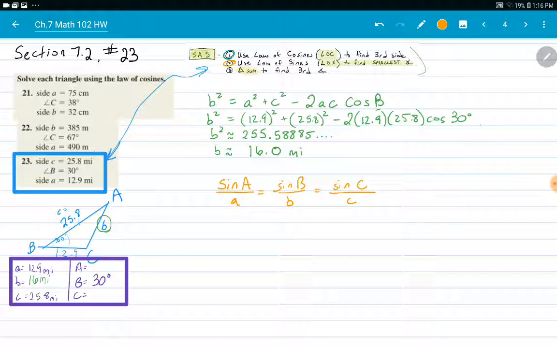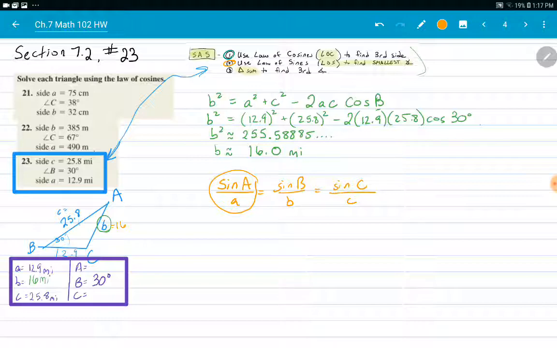So I'm looking for the smallest angle. That's the one across from the smallest side. I know B now is 16, so that means angle A is the smallest. I'm definitely going to want that as part of my proportion. And then I can use either B or C. Nope, I can't use C because I don't have the whole proportion.